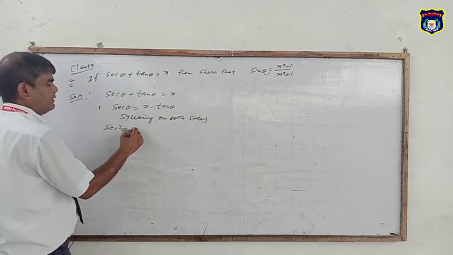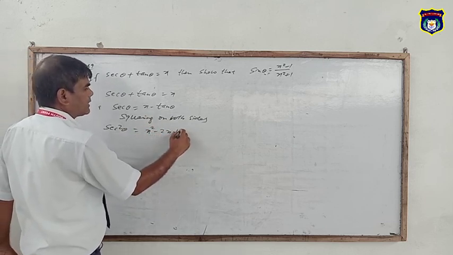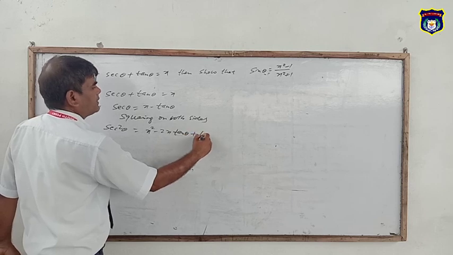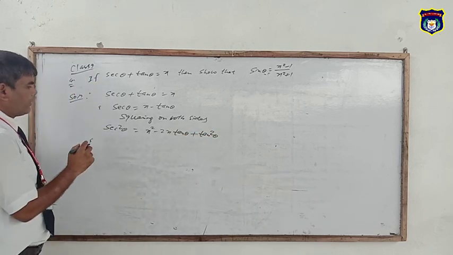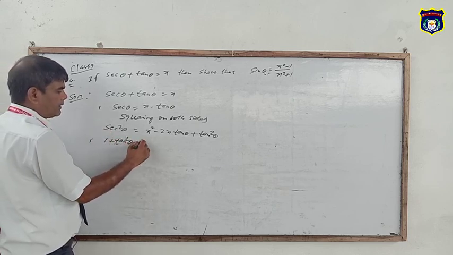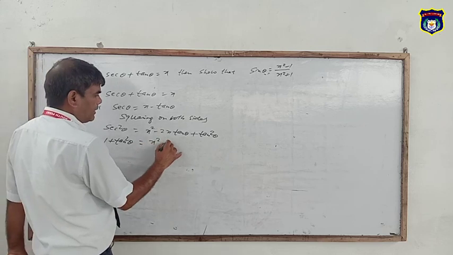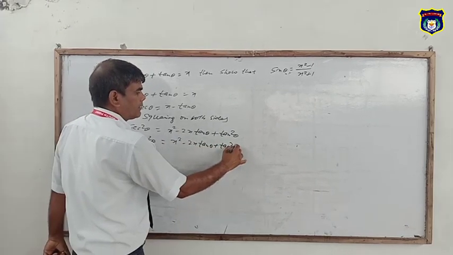Sec square theta is equal to x square minus 2x tan theta plus tan square theta. Now change sec square in tan form. So this is 1 plus tan square theta. This is x square minus 2x tan theta plus tan square theta.